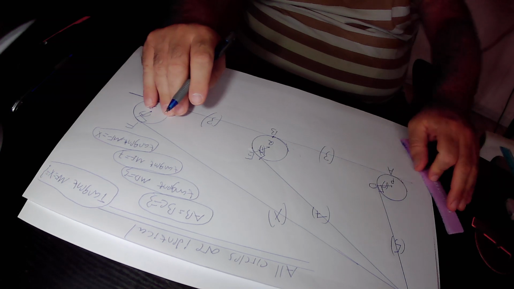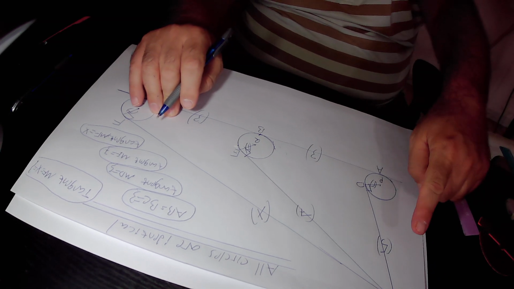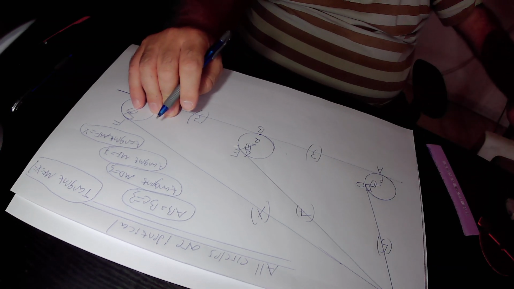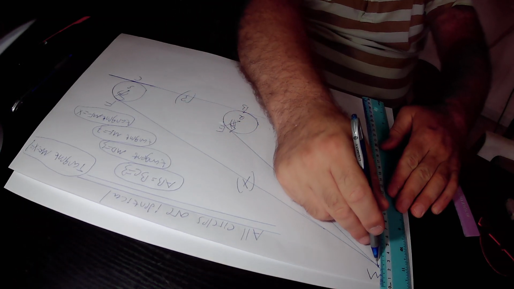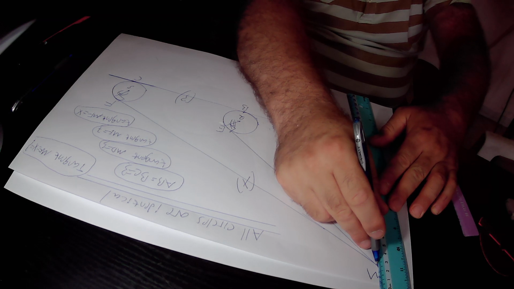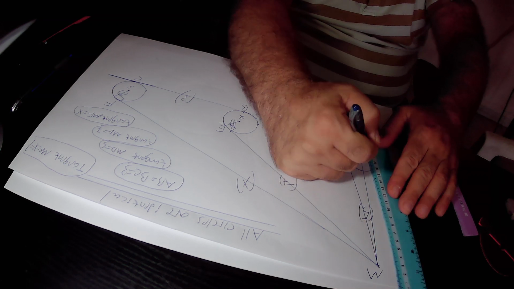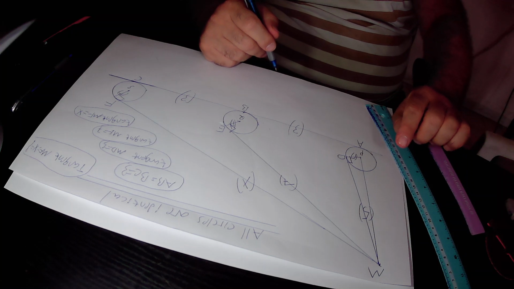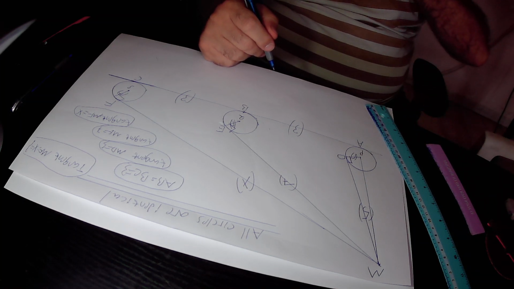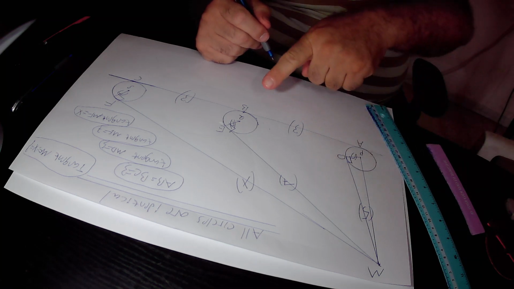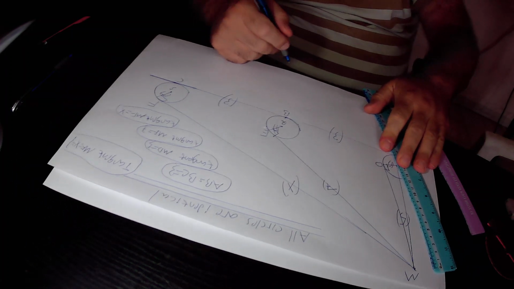So, in the next step, we join points M and P together by a straight line. Joining points M and P, we create the right triangle MPD. Likewise, we join points M and Q together by a straight line.